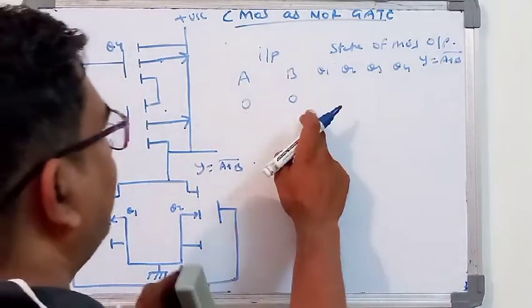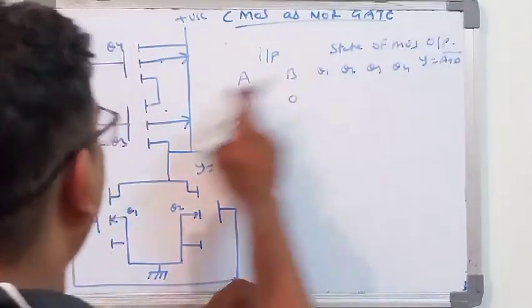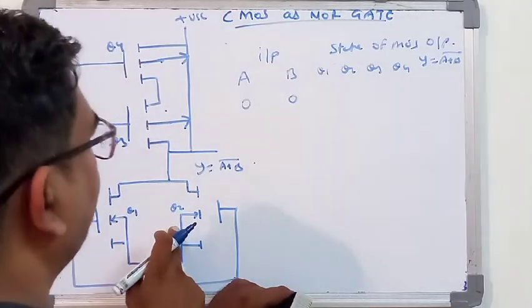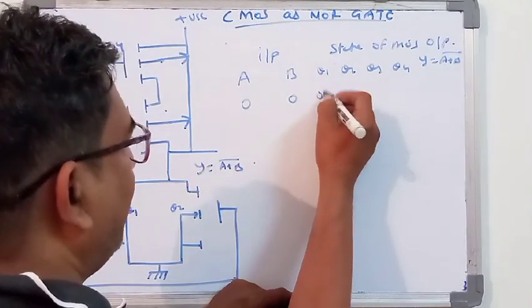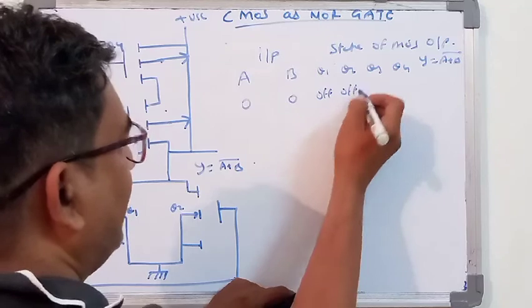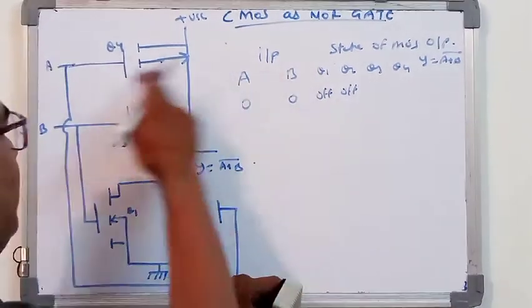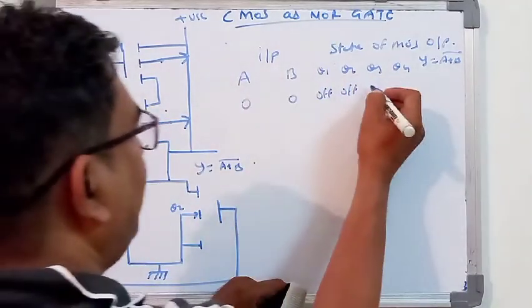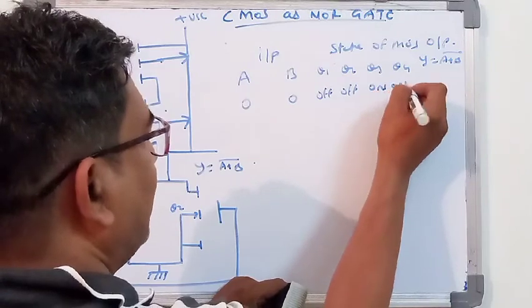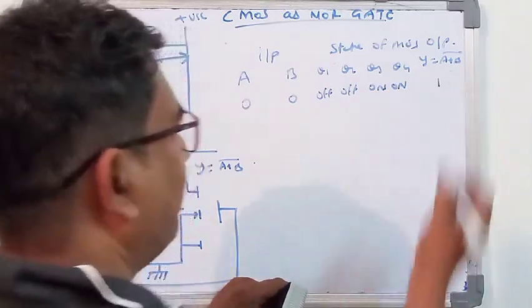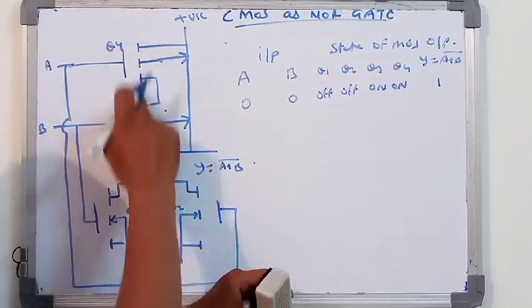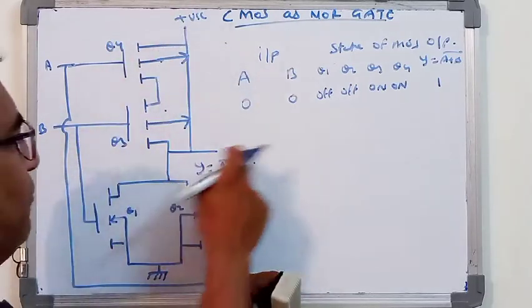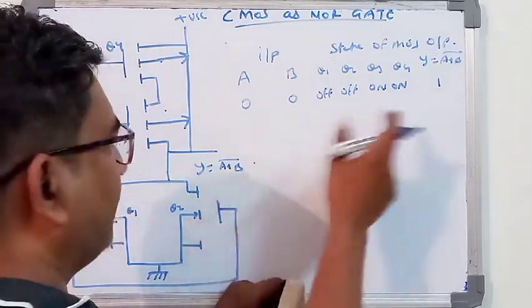Okay, when it is 0, 0, at that time Q1 and Q2 will be in an off condition. As soon as they are off, Q3 and Q4 will be in an on condition, and the output will be 1.